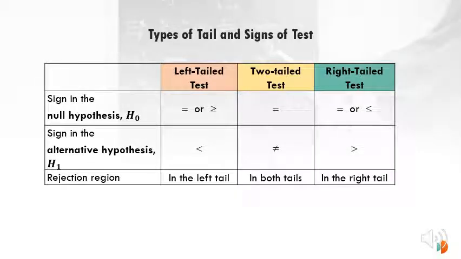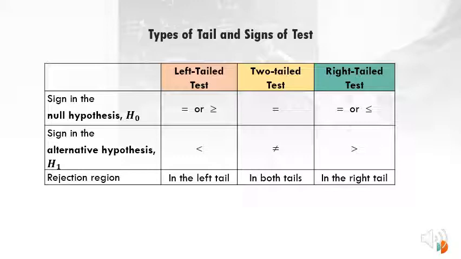Next, we will look at the types of tail and the signs of the test and relate it with the null hypothesis and alternative hypothesis. For the left tail test, the sign can either be equal or greater than or equal to for the null hypothesis, and we use the less than sign for the alternative hypothesis.